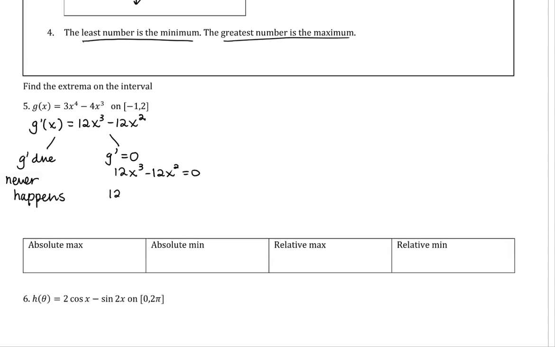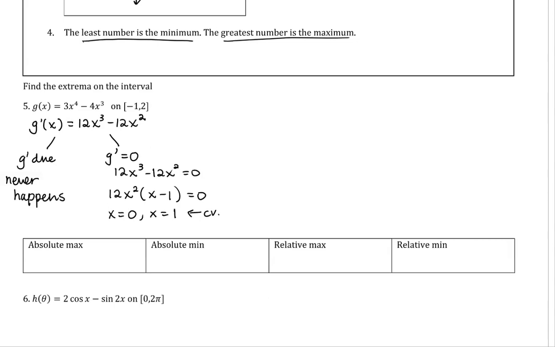I'll start by factoring out the GCF of 12x squared. And now I will take both of these factors and set them equal to 0 to get that x is equal to 0 and that x is equal to 1. So those 2 values right there are my critical values.